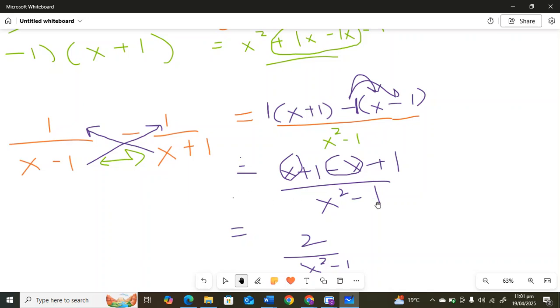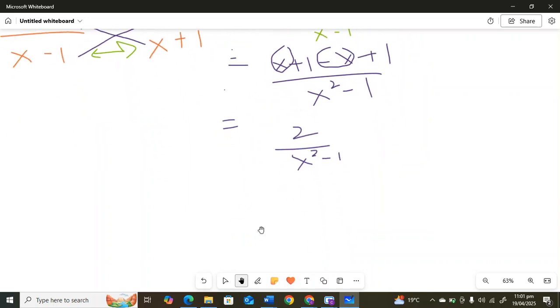Now they want us to integrate this. They want us to integrate 2 over x squared minus 1. So here the u substitution cannot work, because of this x squared here.